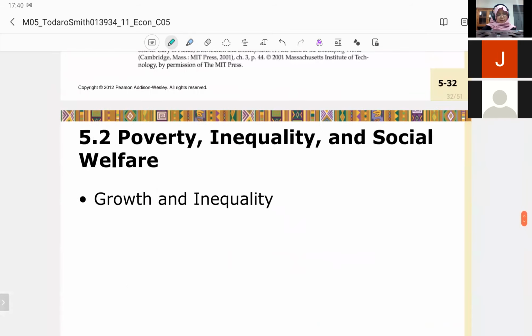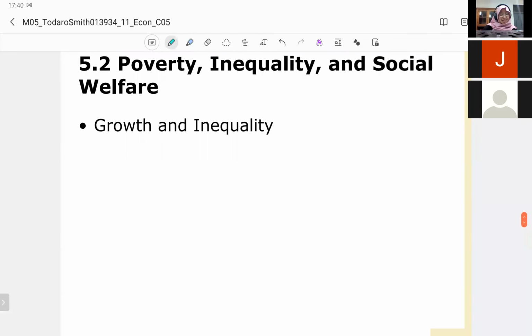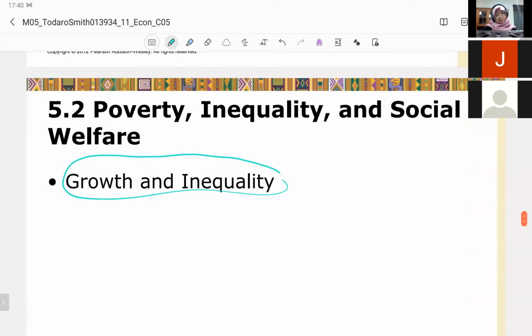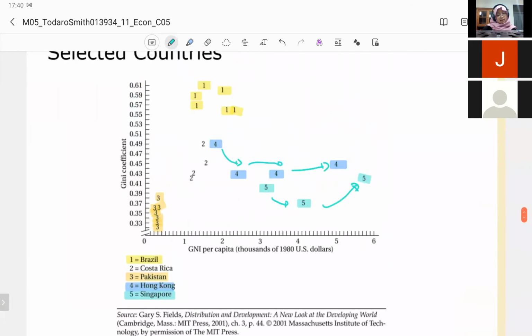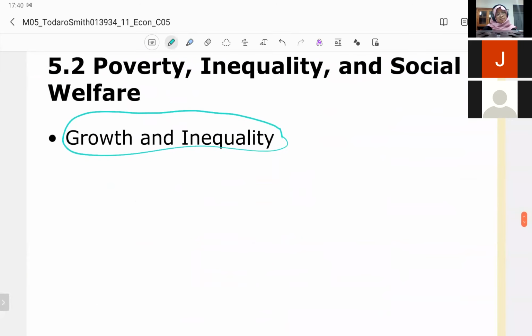And then from all of the data above, the first argument that I said before, that growth and inequality are trade-off. Well, after we saw the data, in some cases they are trade-off, but in some cases they might not be.